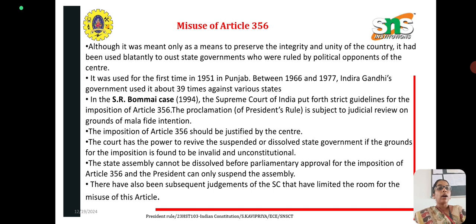The court has the power to revive the suspended or dissolved state government if the grounds for the imposition are found to be invalid and unconstitutional. The State Assembly cannot be dissolved before parliamentary approval for the imposition of Article 356, and the President can only suspend the Assembly. There have also been subsequent judgments of the Supreme Court that have limited the room for the misuse of the article.